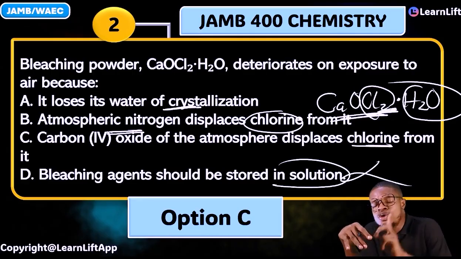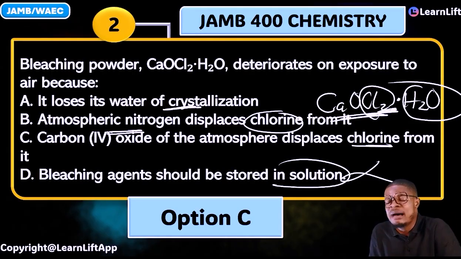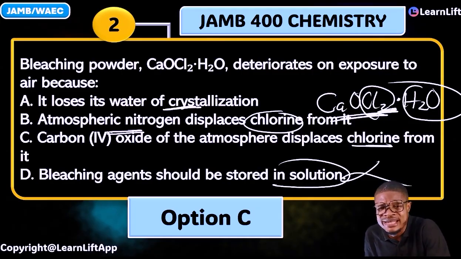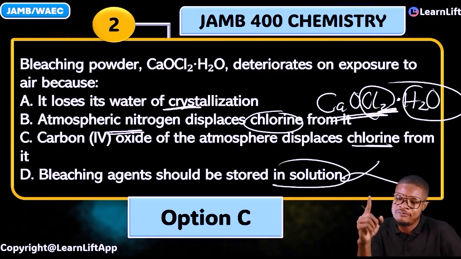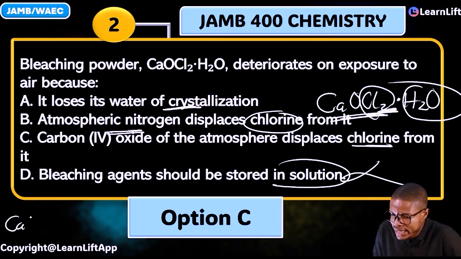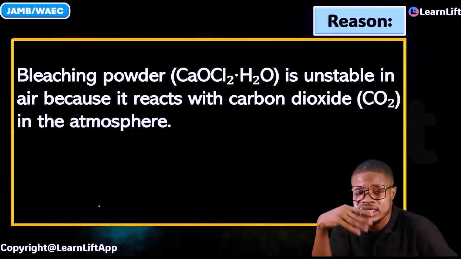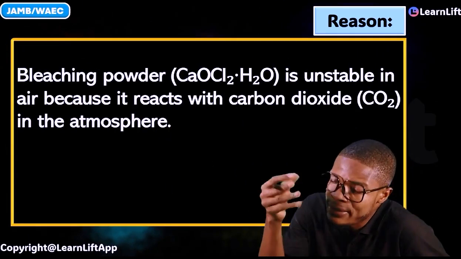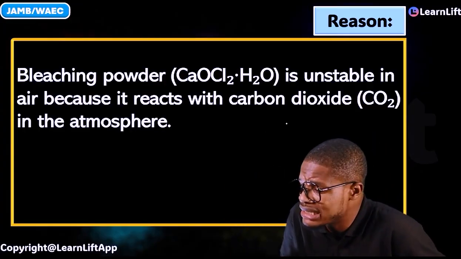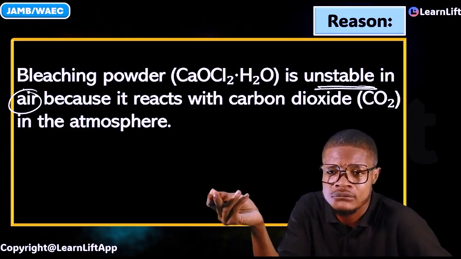Option C says carbon dioxide of the atmosphere has the ability to go and displace chlorine from your bleaching powder. First, before we move on, again, what's the formula of your bleaching powder? It is CaOCl2.H2O. Now, come with me. Let me show you something lovely. Take note that your bleaching powder is unstable, especially when it comes in contact with air.